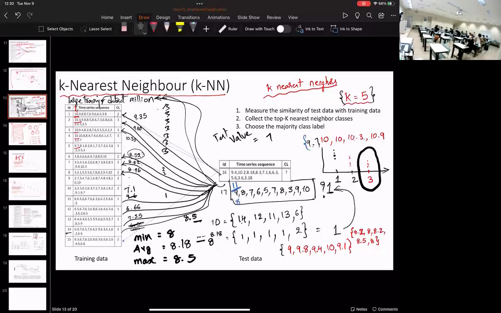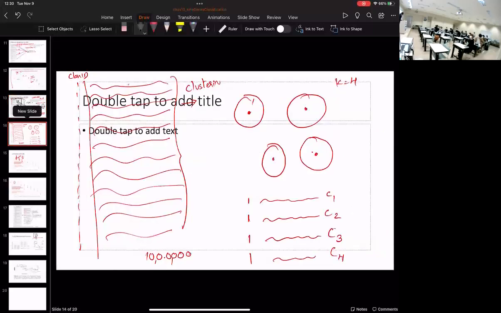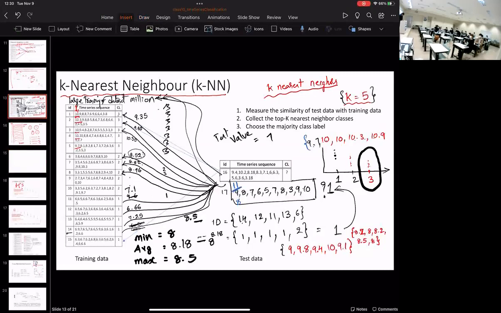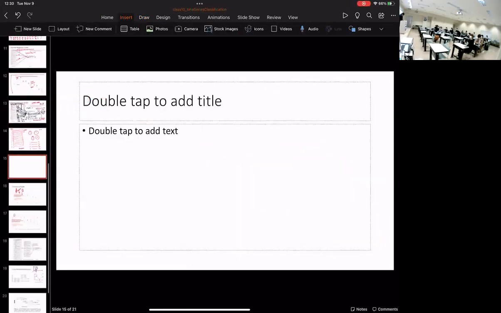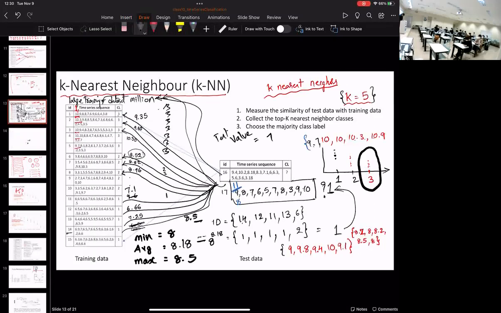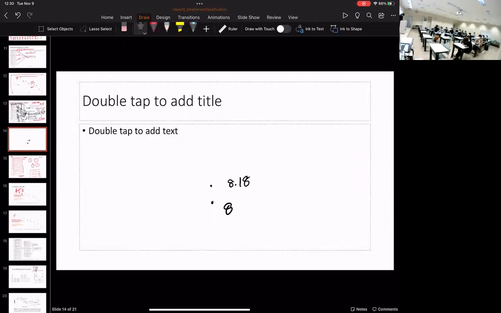So, how do you write the points? 8.0 is the minimum, right? So 8.0, 8.5 maximum, average one unknown value. Test case one is 7.